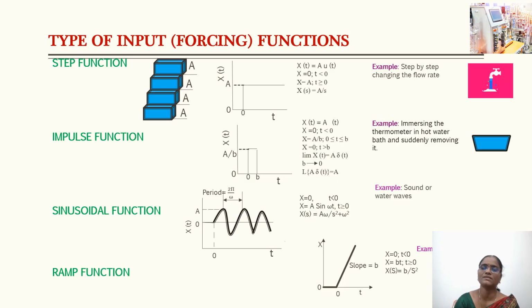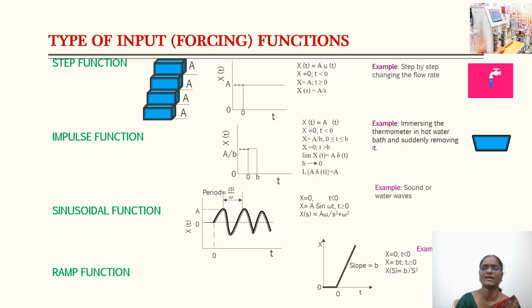So what is an impulse input? The time impact will not be there. Suddenly immersing and removing is the best example of an impulse input. The impulse input has the form: x of t is equal to 0 when time is less than 0, and x equal to A by B when time is between 0 and B. What is B?